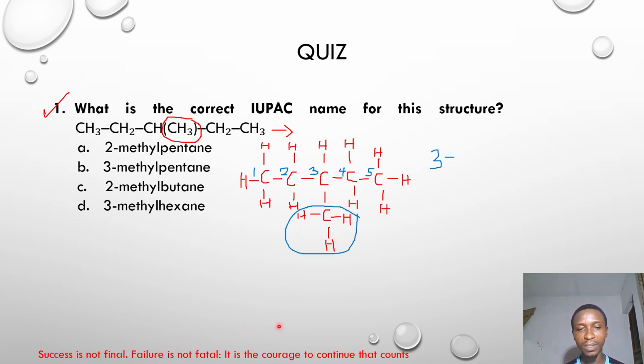So that is 3-methyl. Then methyl what? To know, we have to count the number of carbon atoms we have in the longest linear chain, which we now refer to as the parent name. If you count, we have 1, 2, 3, 4, 5. So it's 5, and the alkane with 5 carbon atoms is known as pentane. So the name will be 3-methylpentane.